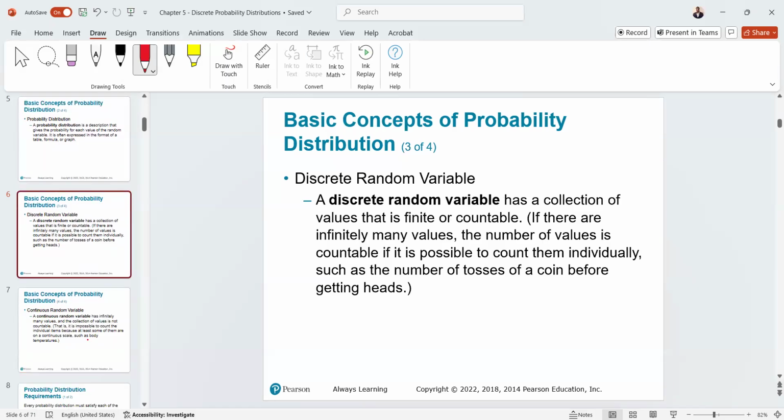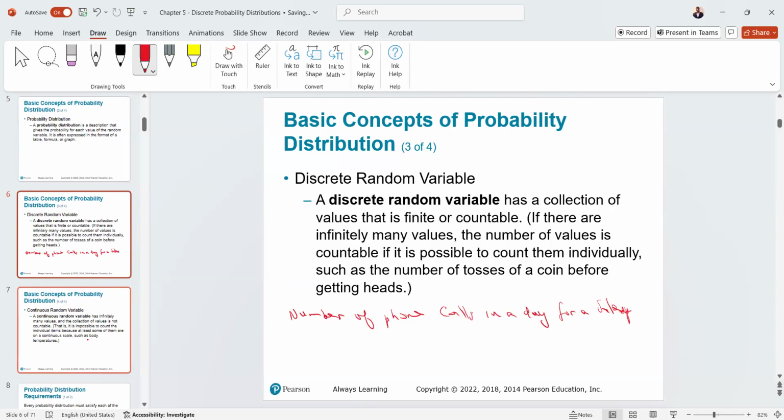For example, the number of phone calls in a day for a salesperson.